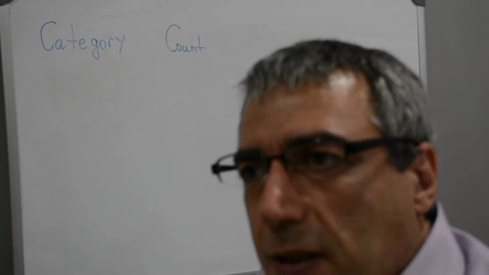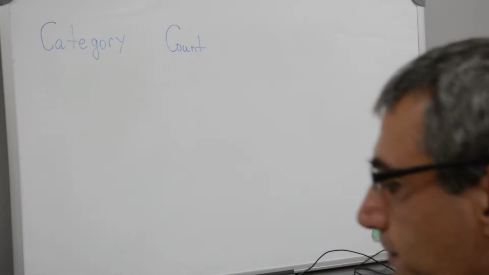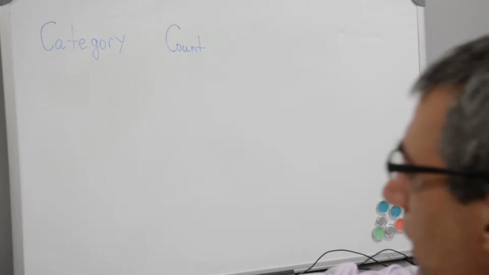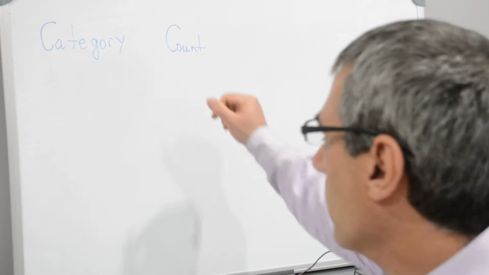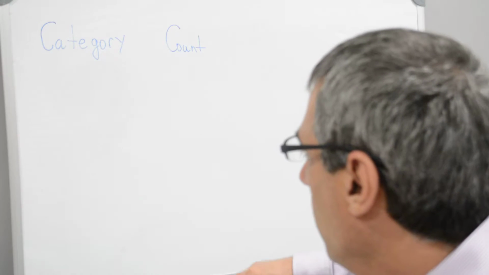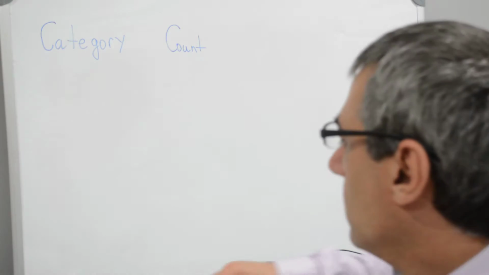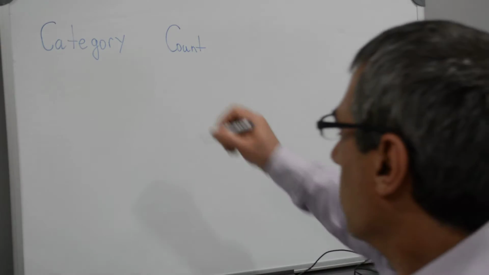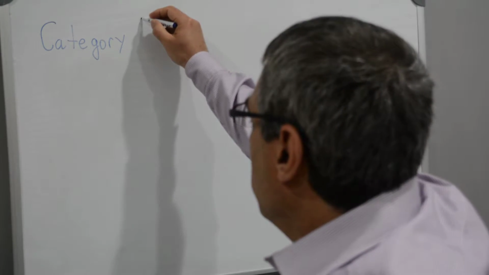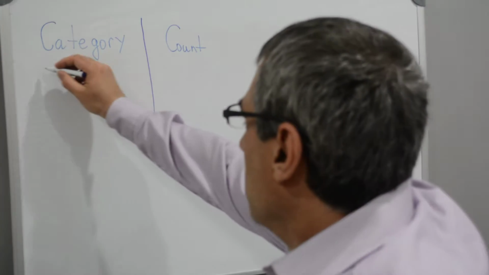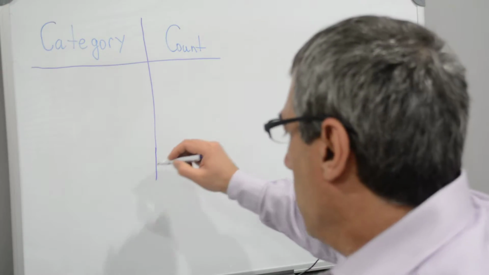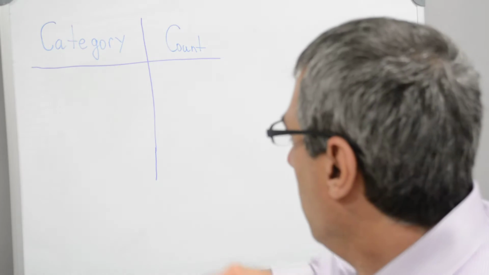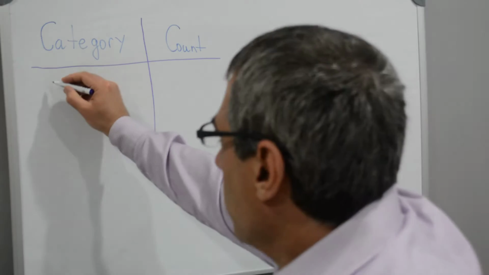So this is a typical reject summary of one of our product lines. So let's build our data set together. So we have a category and count. Okay, so those are the reject categories.